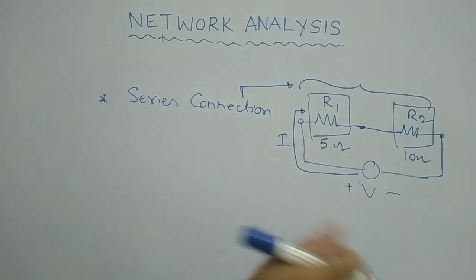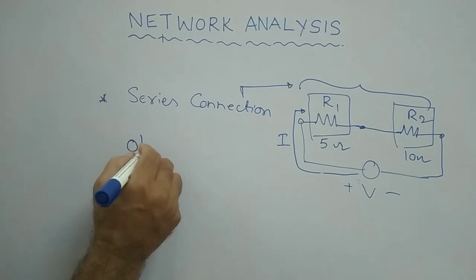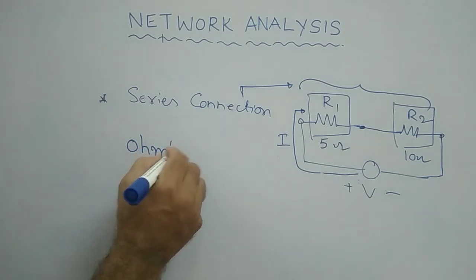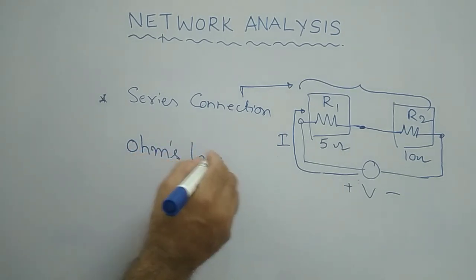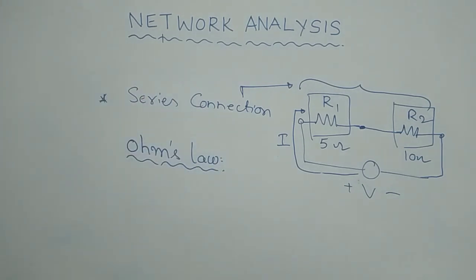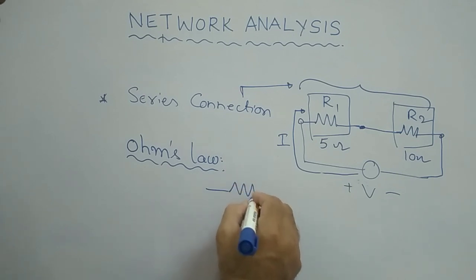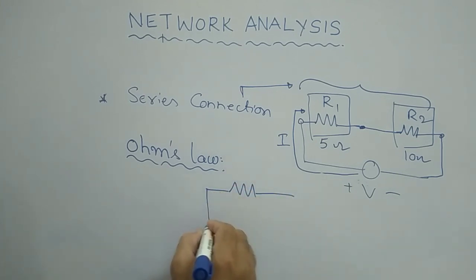For that I need to explain the Ohm's law. Very important law. Quite often we will use this law in electrical circuits. What is Ohm's law? You know, Ohm's law states that any resistance is connected across some voltage source V.